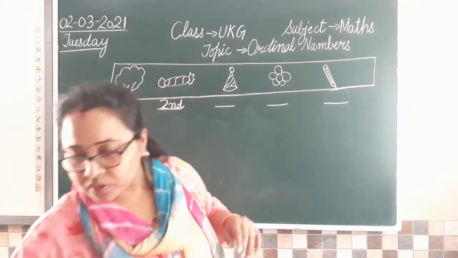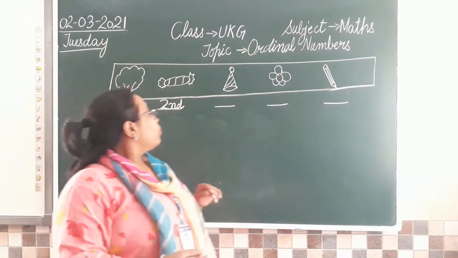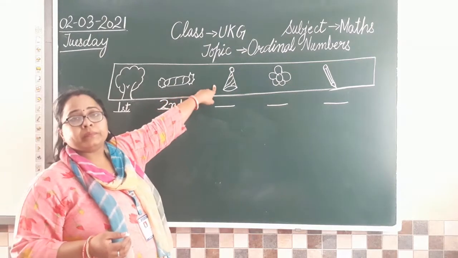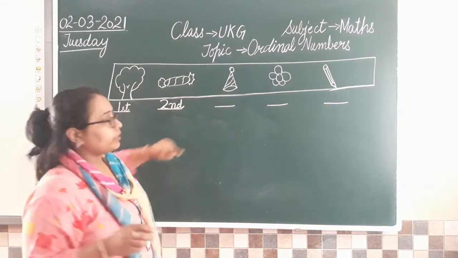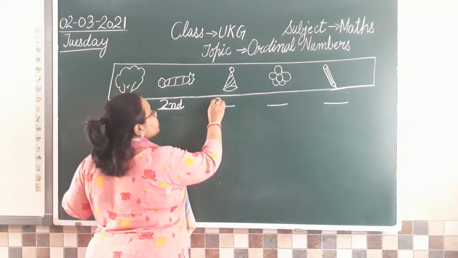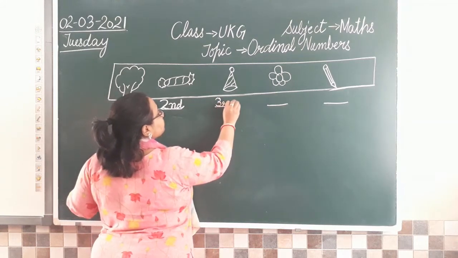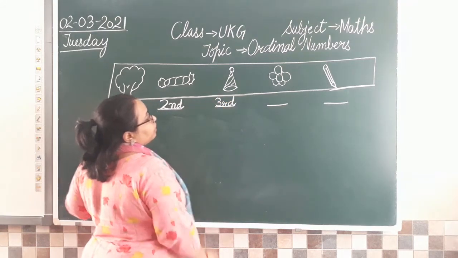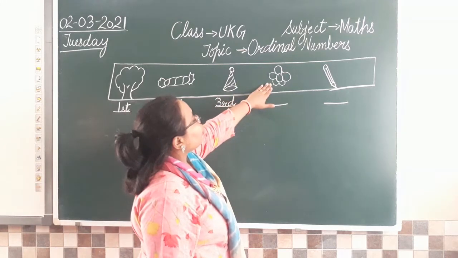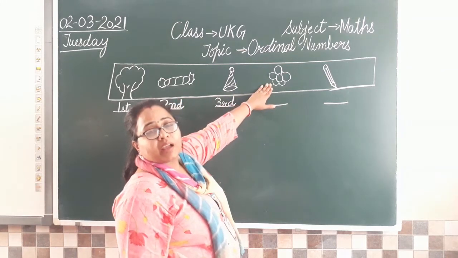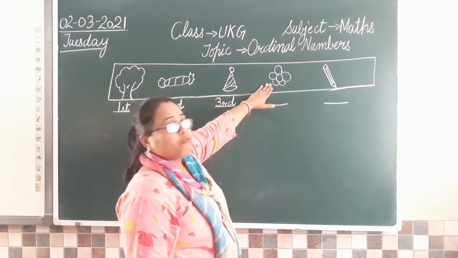So what will be the position of cap? What will be the position of cap here? Third. So let's write third. Now when this is third, what will be the position of flower? Fourth.